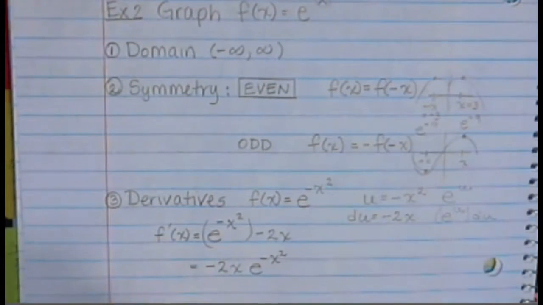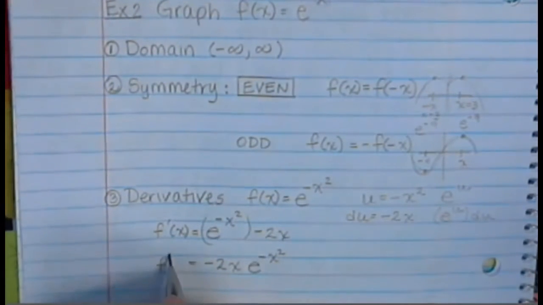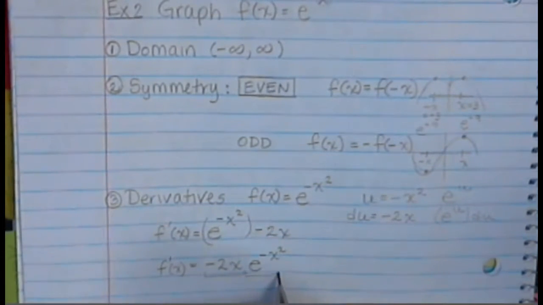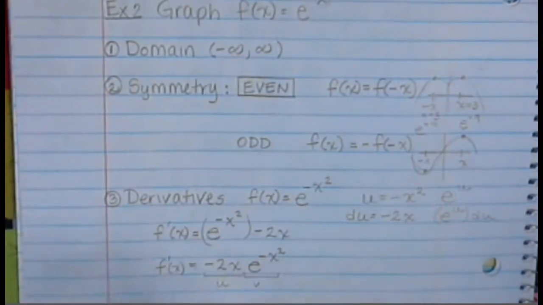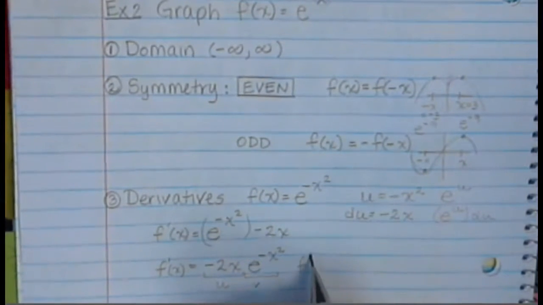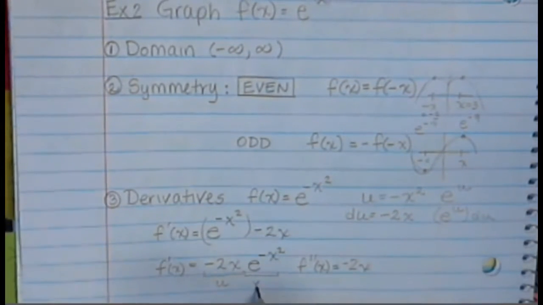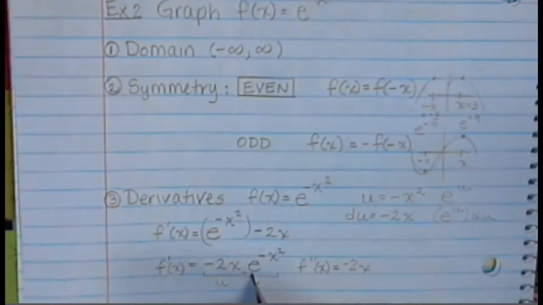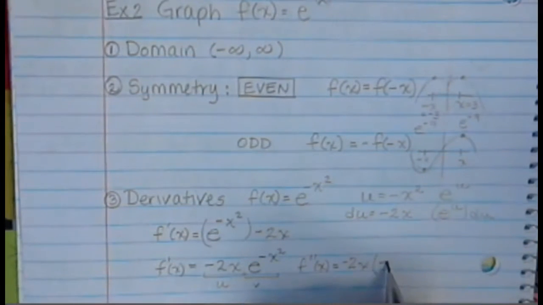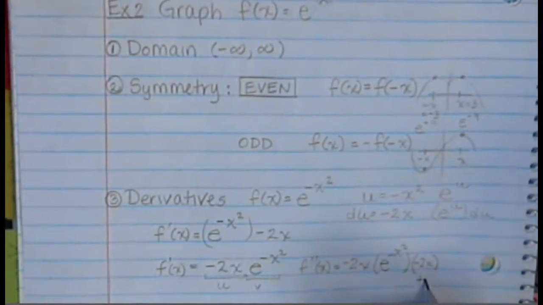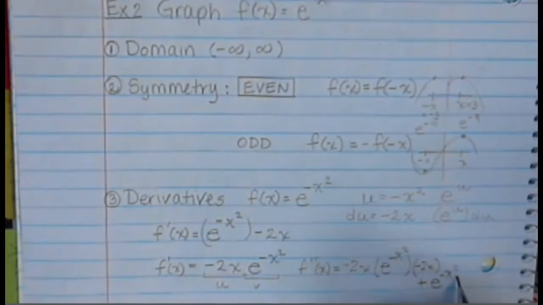So the next thing we need to do is to find the second derivative. This is f prime of x. For the second derivative, we're going to have to use the product rule. So we're going to use this one as u, this one as v. So f double prime of x is going to be u dv. Well, that's the derivative of this. We know that. That's going to be itself, e to the negative x squared, times the derivative of the exponent, which is negative 2x, plus v, which is e to the negative x squared, and du, the derivative of that, is negative 2.